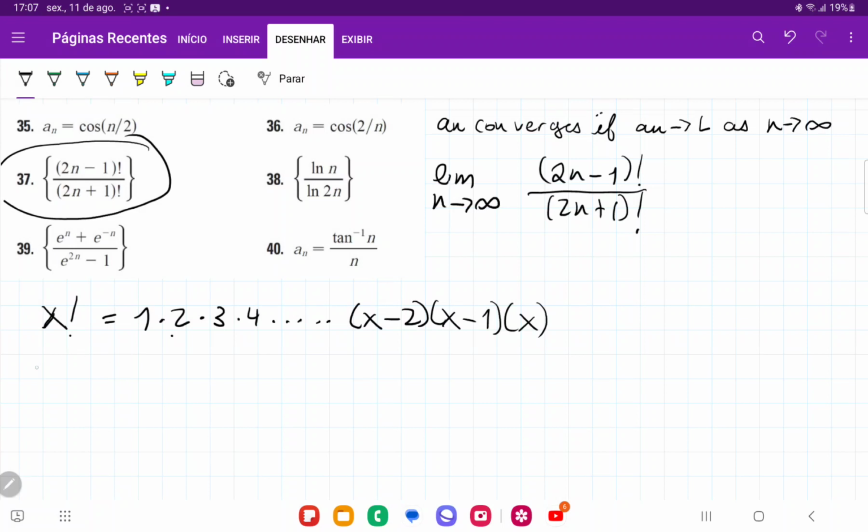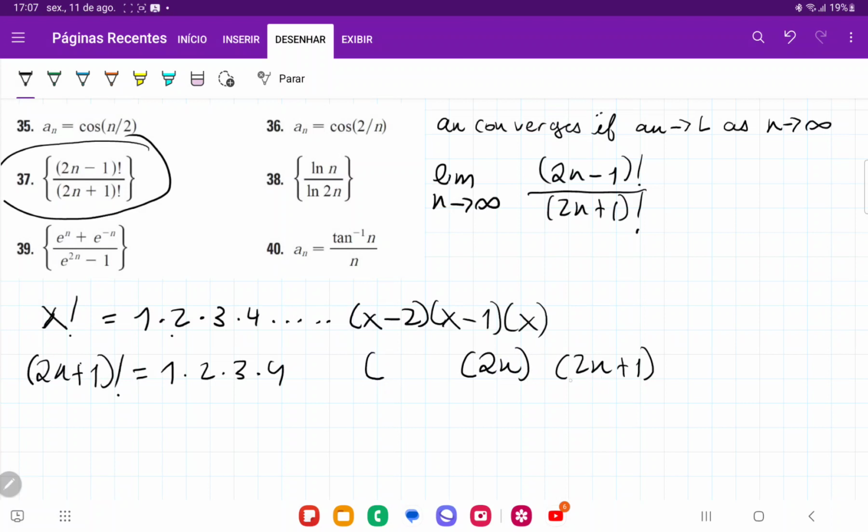So similarly, we're going to have the factorial of 2n plus 1. This is going to be equal to 1 times 2 times 3 times 4, and then we're going to work backwards, right? So we begin at 2n plus 1, and similarly, just as we did with the x, we're going to remove 1 from it. So this is going to be 2n plus 1 minus 1, so that's just 2n, and then 2n minus 1, right?